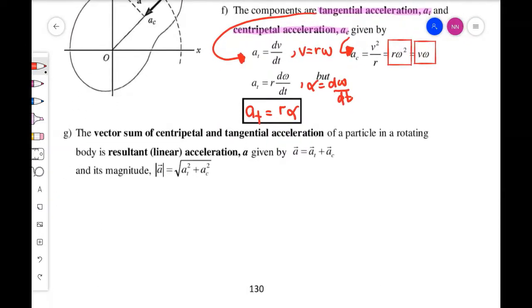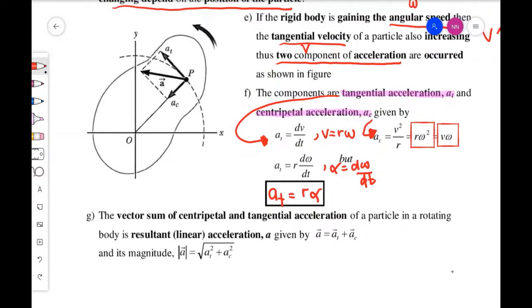So the vector sum of centripetal acceleration and tangential acceleration of a particle in a rotating body is the resultant or linear acceleration, given by magnitude a equals square root of tangential acceleration squared plus centripetal acceleration squared. Centripetal acceleration pada arah center to the circular path.